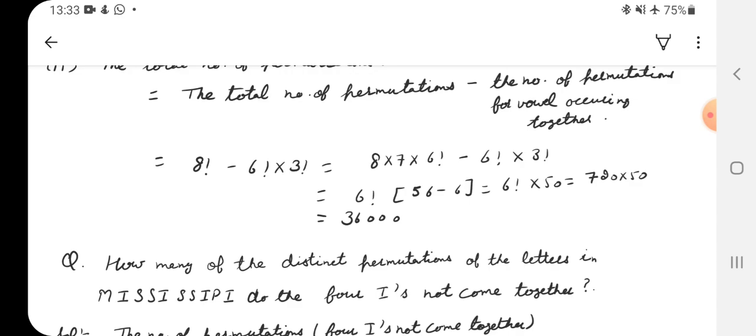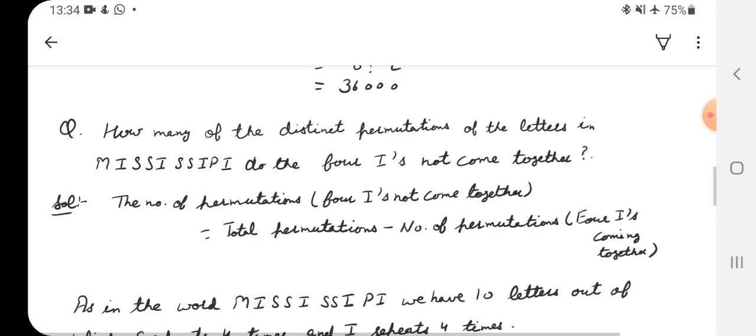Second question: how many distinct permutations of the letters of Mississippi are there in which the 4 I's do not come together? How many distinct permutations will we have with the letters of the word Mississippi such that the 4 I's do not come together? So same we will do here also.